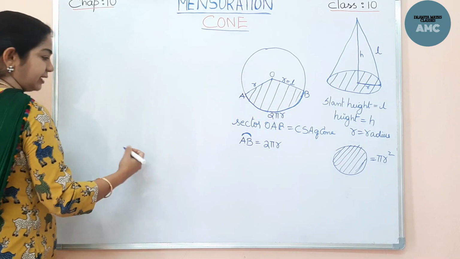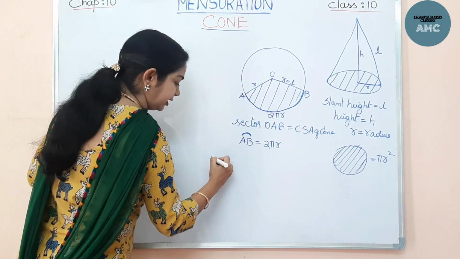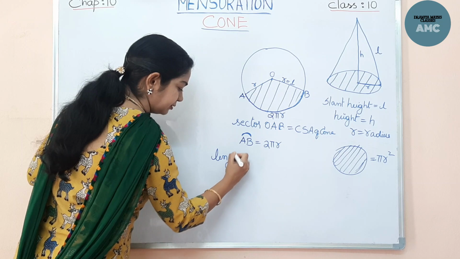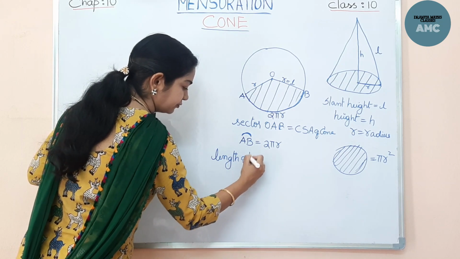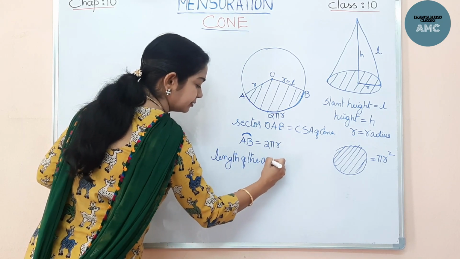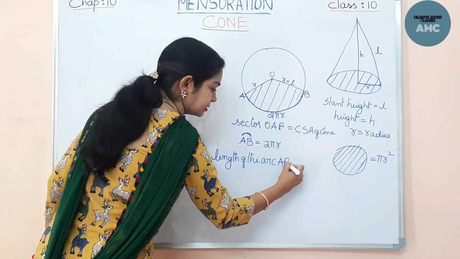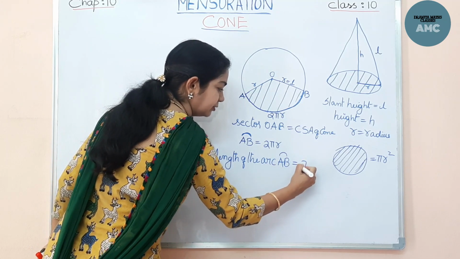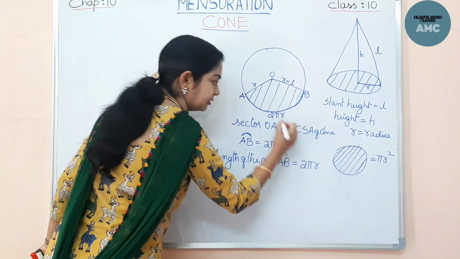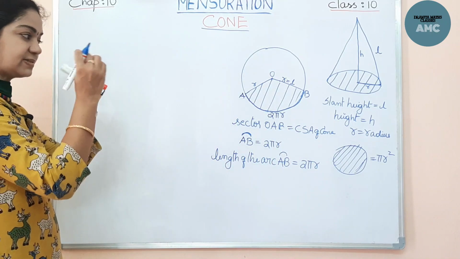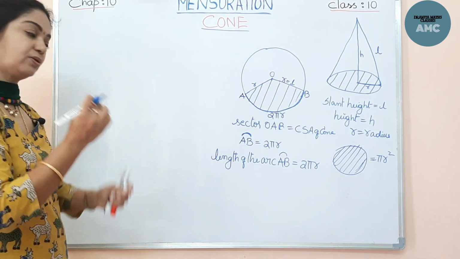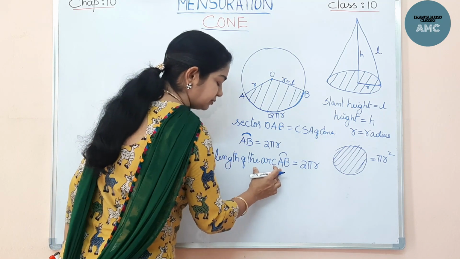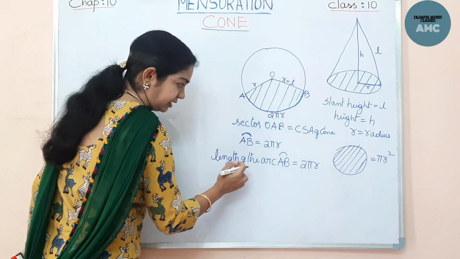That means I'll write it here. The length of the arc AB is equal to 2 pi r, because that has become the circumference of the cone. Now we know the formula for the length of the arc.